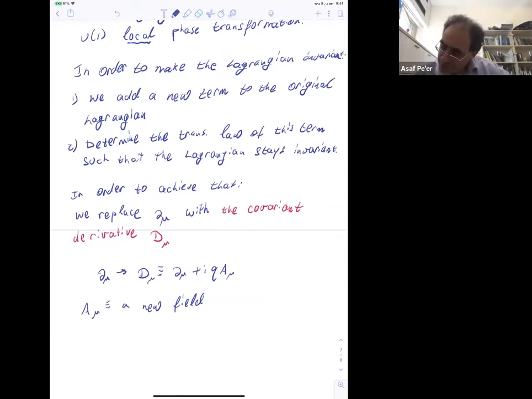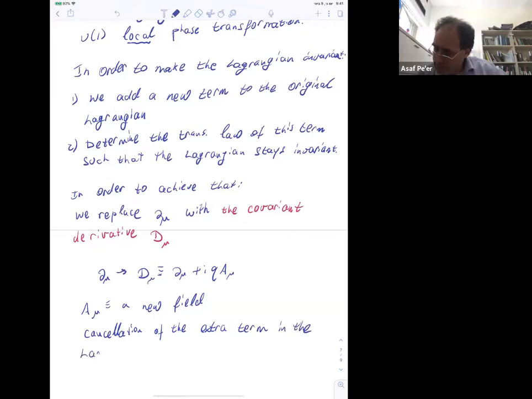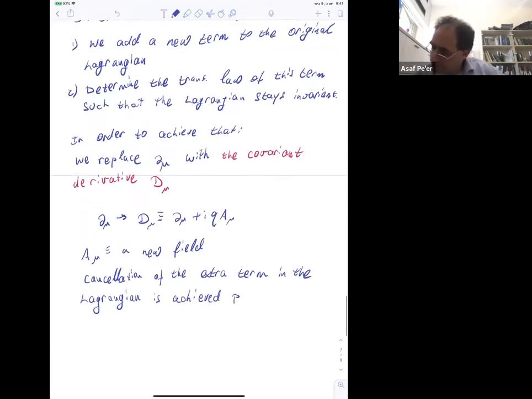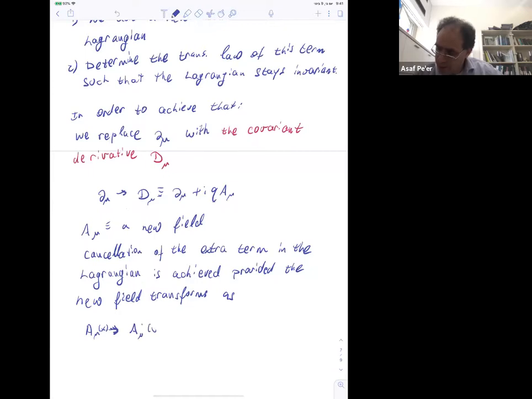So cancellation of the extra term in the Lagrangian is achieved provided the new field transforms as A_mu of x goes to A_mu prime of x, which is A_mu of x minus (1/Q) d_mu chi.